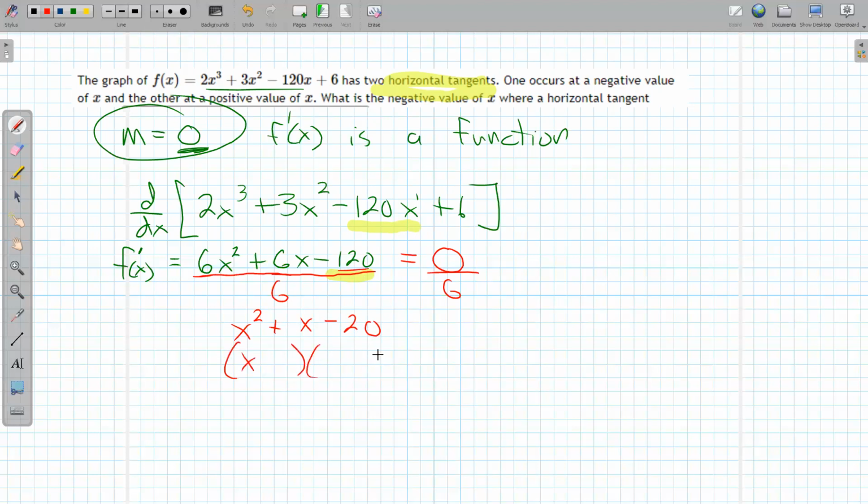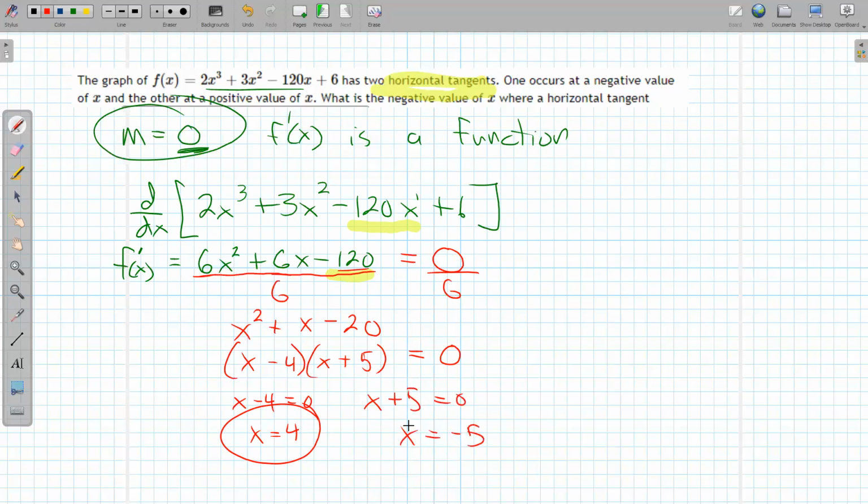So x times x gives me x squared, and 4 times 5 gives me 20. And if I want a positive in the middle, the 5 has to be positive and the 4 has to be negative. So that gives me x minus 4 equals 0. Adding 4 to the other side, I get x equals 4 is one place we have a horizontal tangent. And then x plus 5 equals 0, so x equals negative 5 should be the other place.